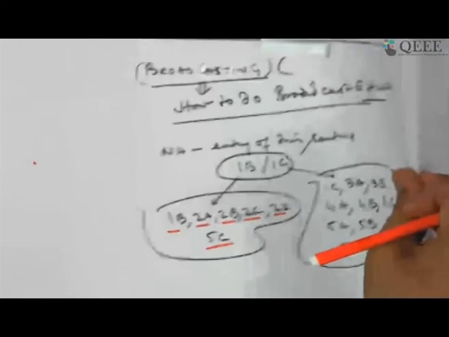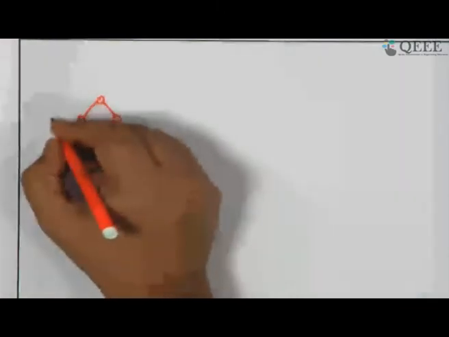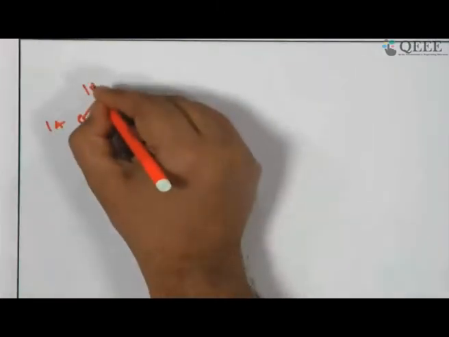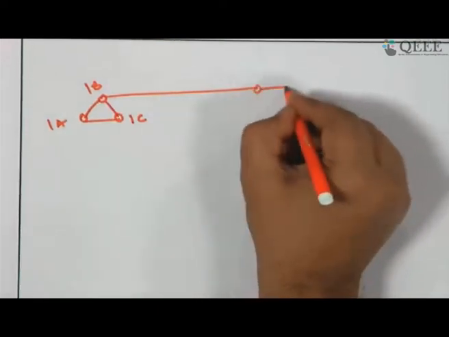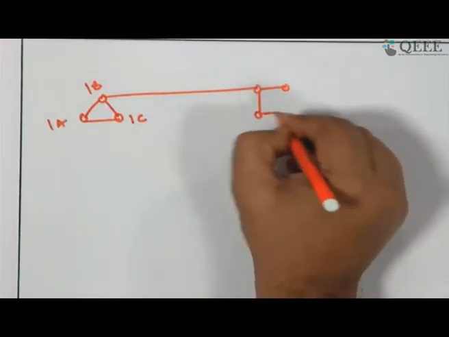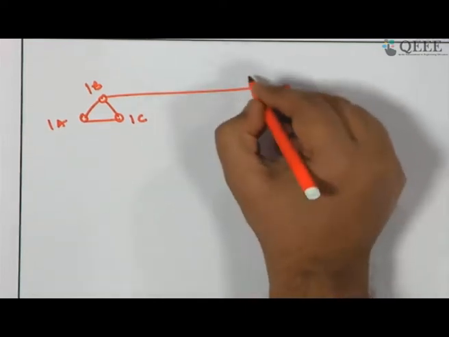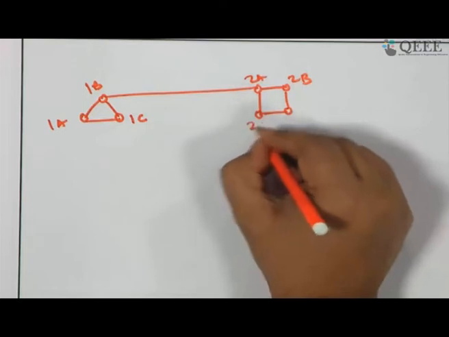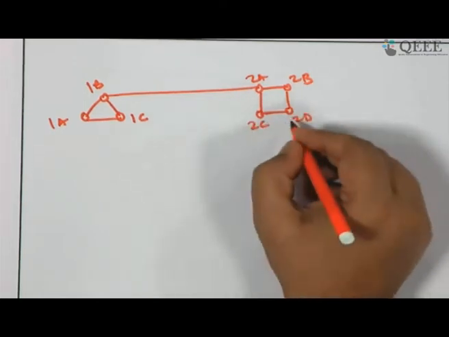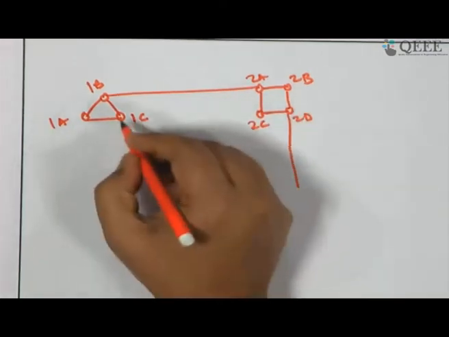Okay, let me draw this picture and then you will understand a little bit, from 1A to A, to B, to C, to D, and see this.